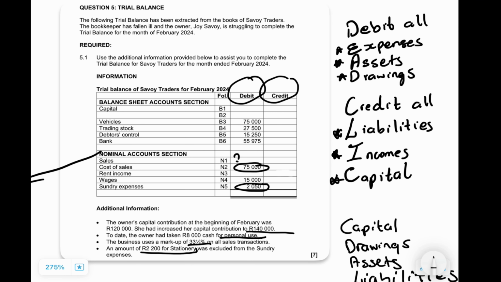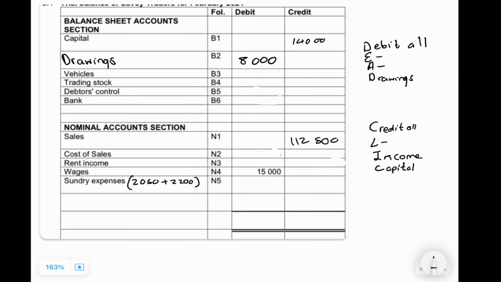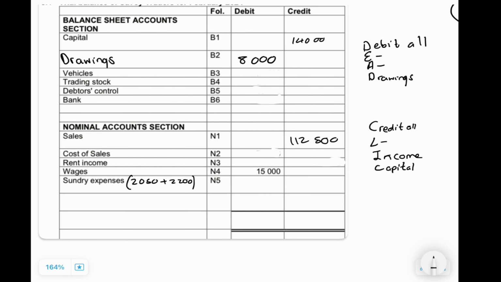So you go into your trial balance and you say sundry expenses of 2,050 plus 2,200 of the stationery, and this would give you 4,250. Sundry expense is an expense, which means it falls under the debit side. So you debit your expenses. The 4,250 will be debited.